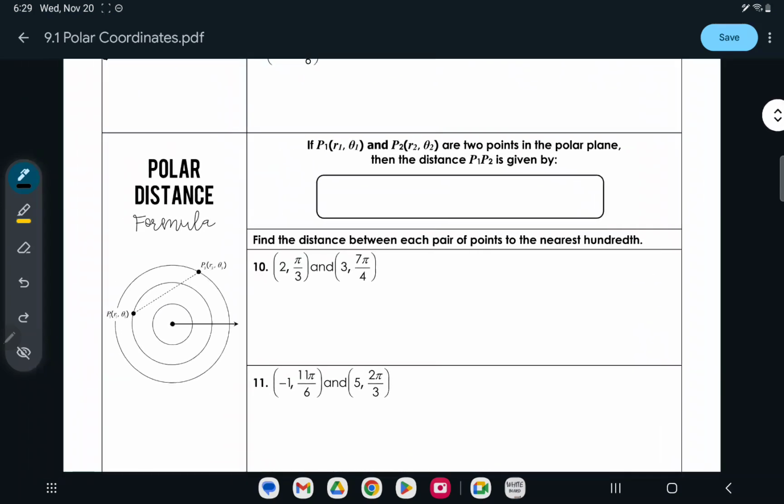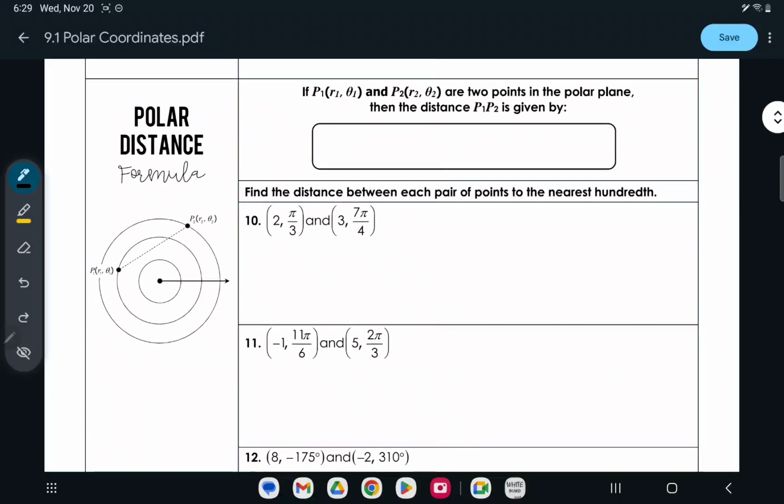All right, I don't necessarily know if you need to do polar distance, but it's on this page, so let's run through one example. So I can give you a whole formula for it. So let's pretend we have 2 points. Point 1 is r1, theta 1. Point 2 is r2, theta 2. So the distance is going to be given by this formula.